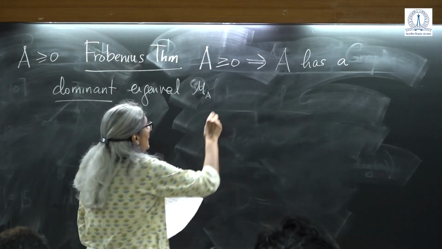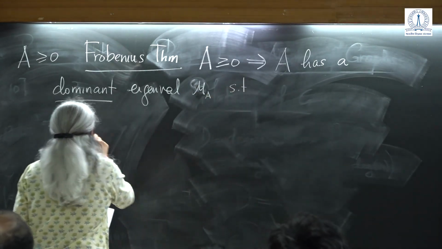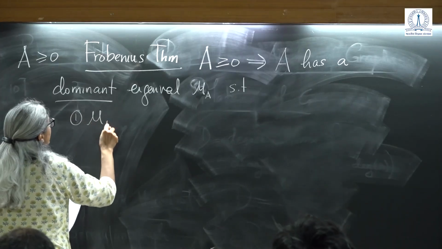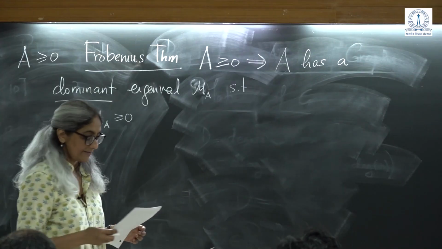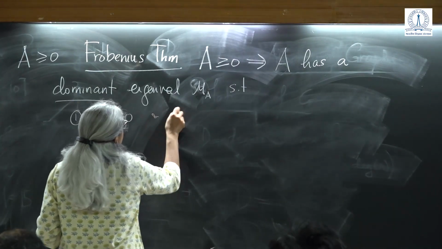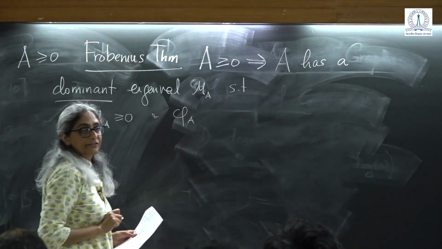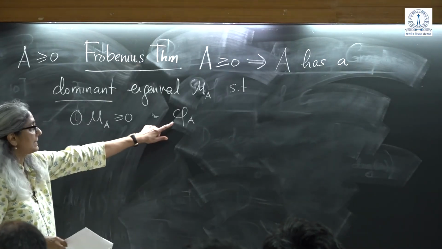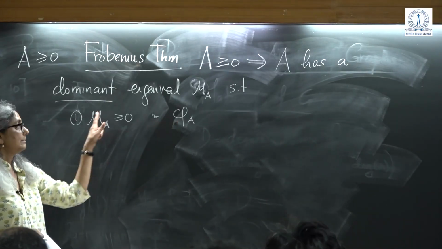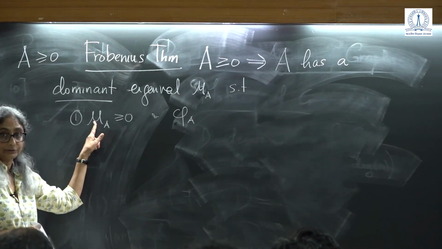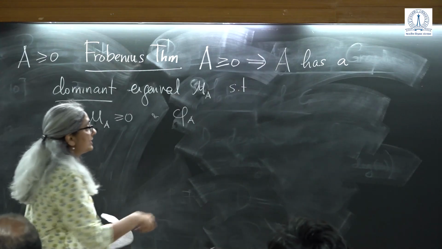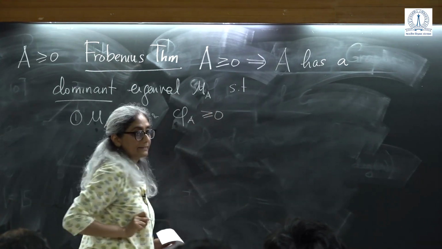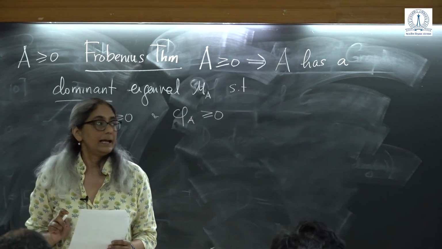The key thing about this eigenvalue is that, one, mu A is non-negative, okay? So it always has a non-negative eigenvalue. And its eigenvector, which we'll call phi A, where phi is my notation for eigenvector and mu for eigenvalue, is also non-negative. This is part of the theorem, okay?